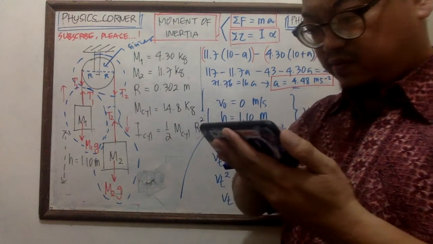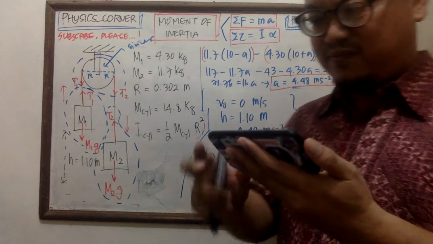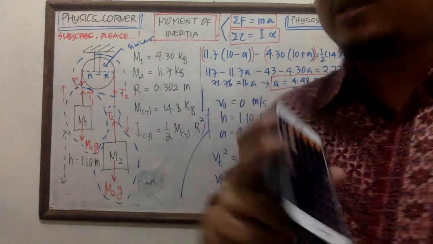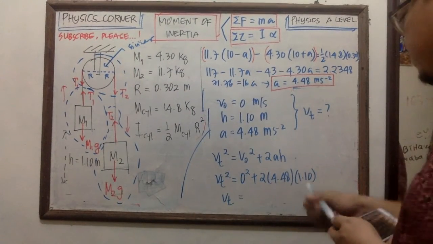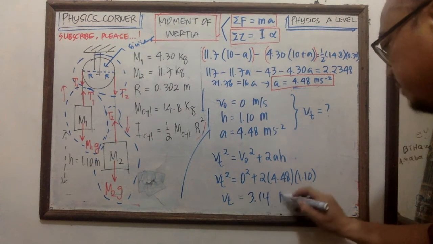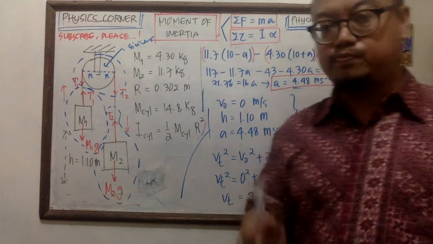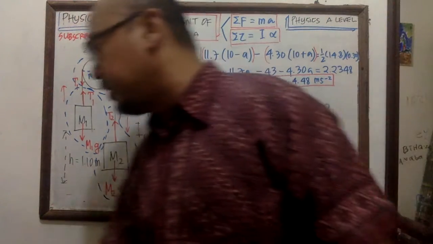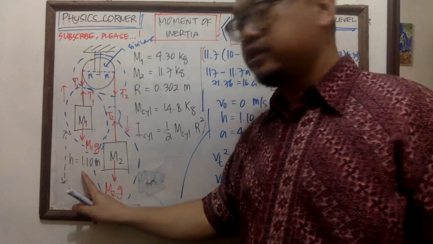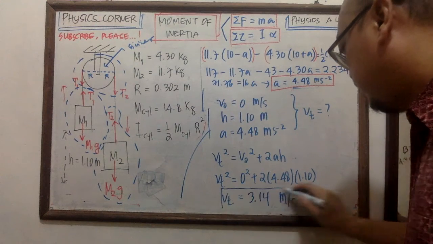Yes, we get 3.14 meters per second. Okay, this is the speed of each block after they have moved h as 1.1 meters.